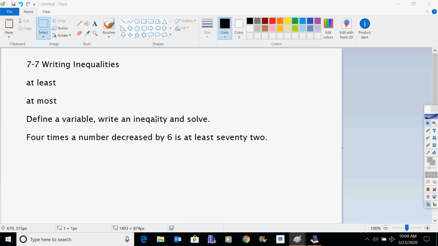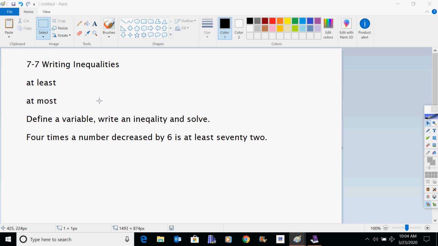At least means that you have that amount or more. For example, if I have at least $15 in my pocket, I might have 15, 16, 17, 18, 19. At least means that number and maybe even more. At most means that you would have that number or less.